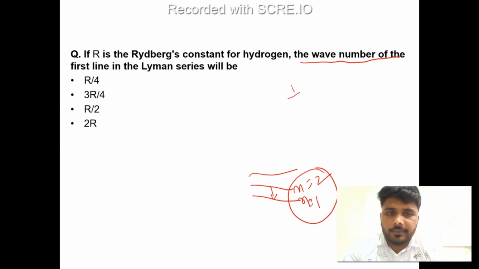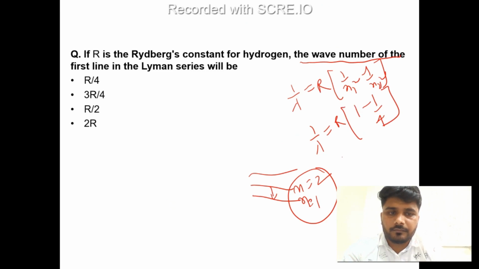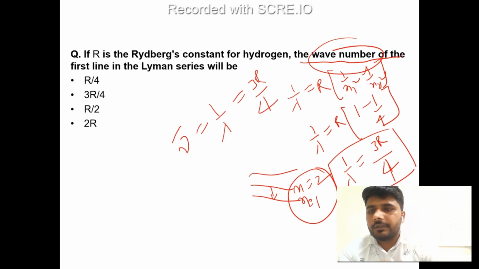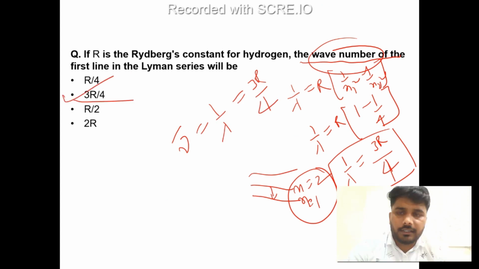So 1 upon lambda equals R times the difference. You just have to find the wave number. Wave number is 1 upon lambda, that is 3R by 4. The second option will be the right answer.